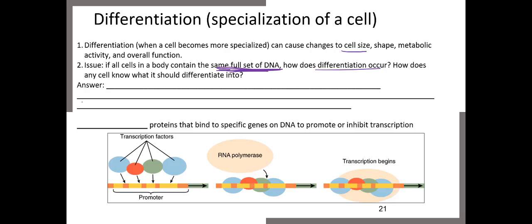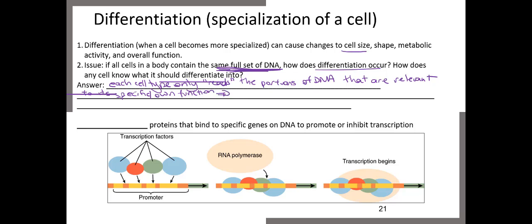The answer is that each cell type only reads the portions of DNA that are relevant to its specific or own function.